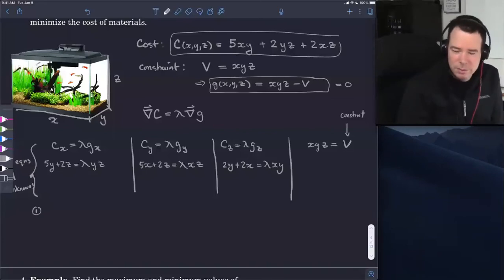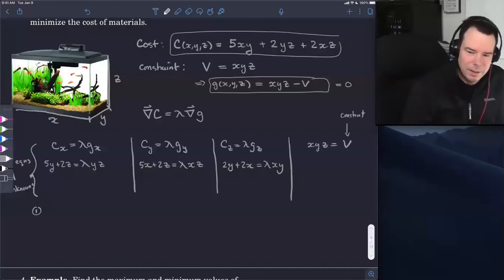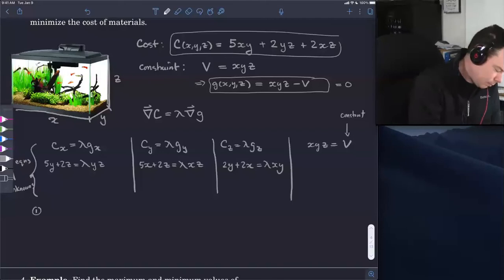What I notice is that there's a lambda yz, lambda xz, lambda xy in the first 3 equations. If I multiply each equation by an extra variable, I can turn those right-hand sides into the exact same thing. So I'll take that first equation and multiply by x. I'll do it up here, I just moved the equation up.